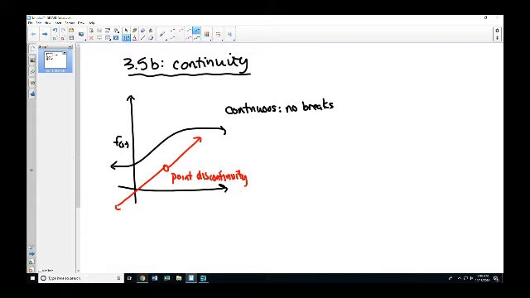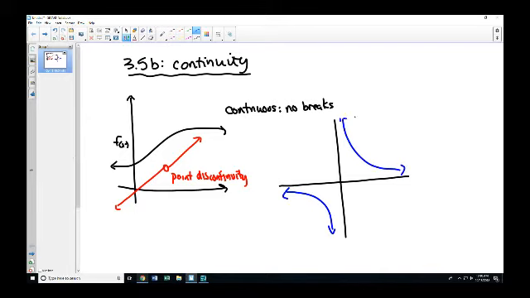What else can we have? Infinite. Okay, we could have an infinite discontinuity. Let's put it over here, so I don't have too much going on one graph. That's an infinite discontinuity.